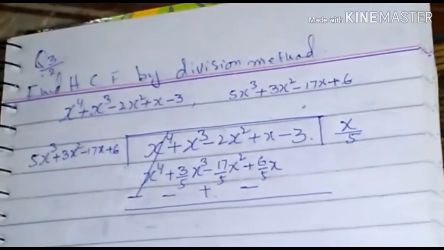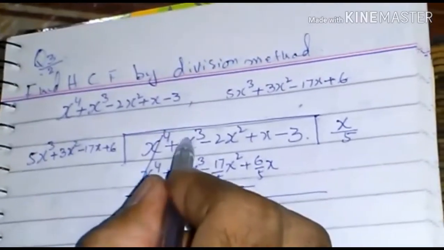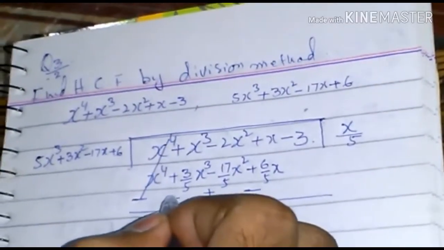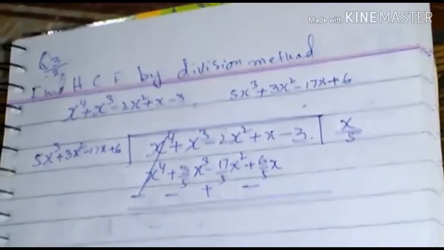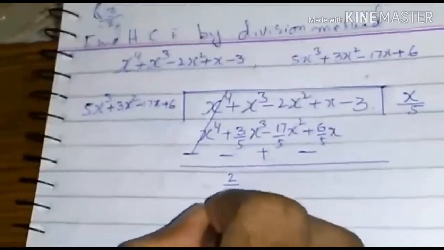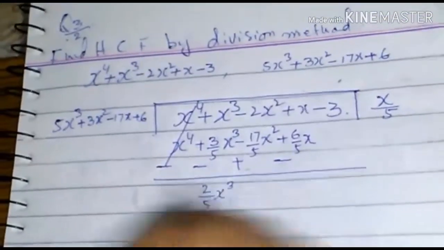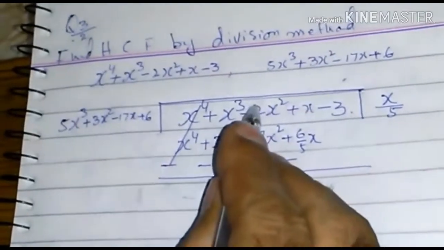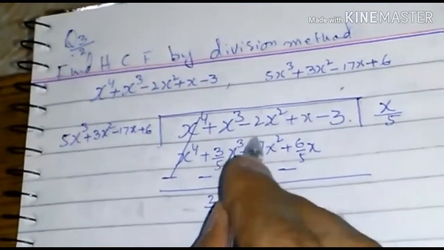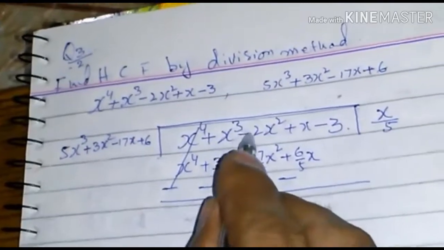These two cancel. Then we get 1 minus 3 over 5. We do it here. 1 minus 3 over 5 is equal to 5 minus 3 over 5 is equal to 2 over 5, so 2 over 5 x cube. Then 17 over 5 minus 2.